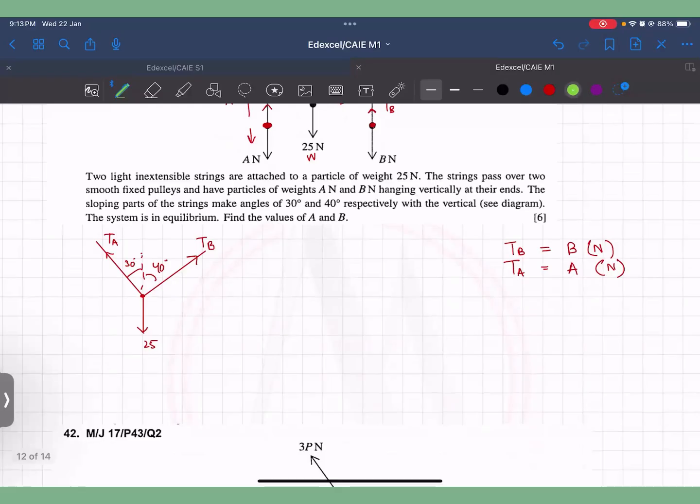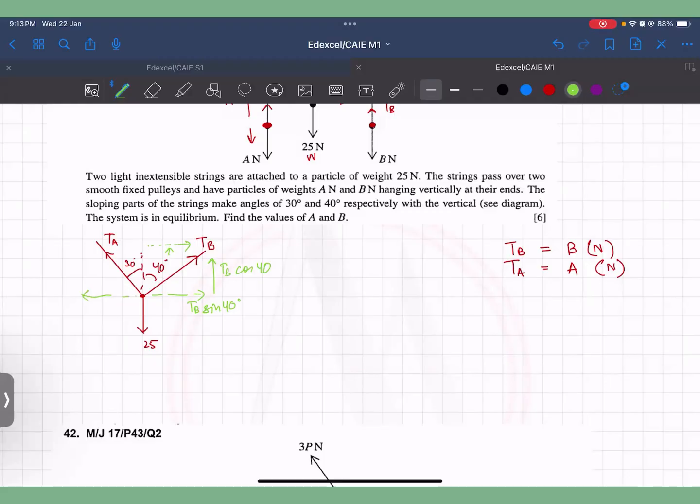So you break this down into components. This is TB. The component opposite to the 40 degrees would be TB sine 40, and the vertical component would be TB cos 40.